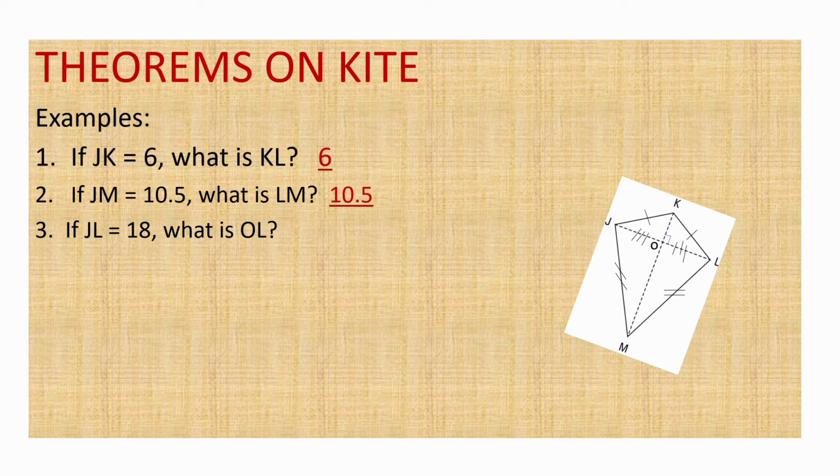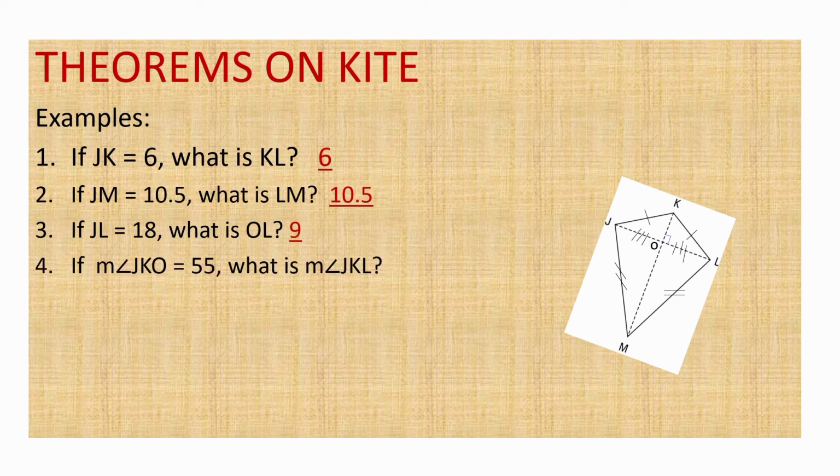That is still equal to 10.5 because JM is congruent to side LM. Question number 3. If JL is equal to 18, then what is OL? OL is equal to 9 because OL is 1/2 of JL.